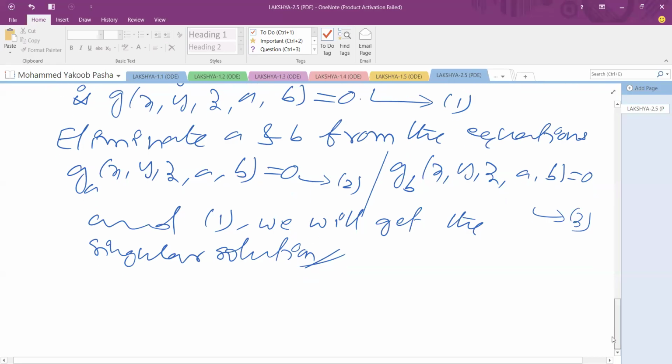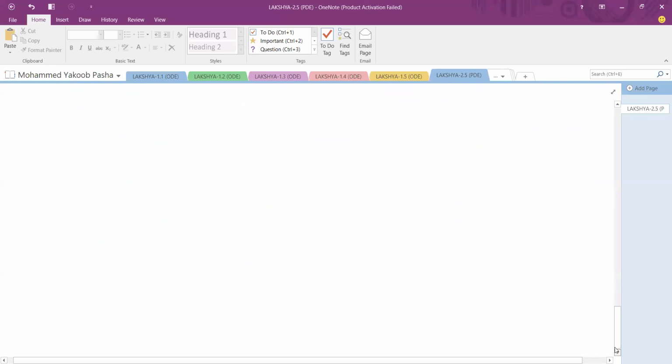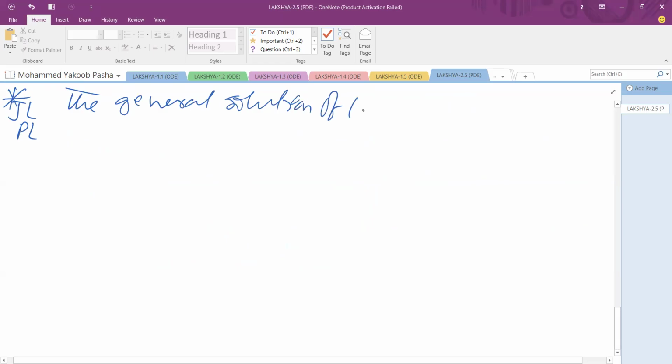Now I'm taking one problem from Polytechnic lectures. The general solution of p minus q into z minus px minus qy is equal to 1 is. We have options here.